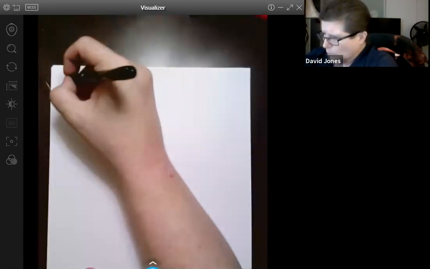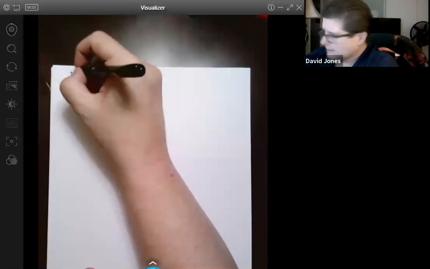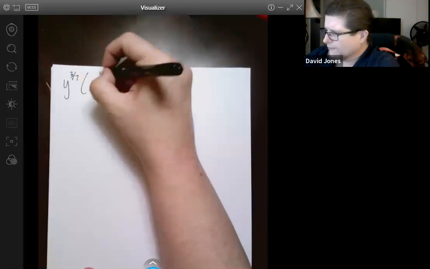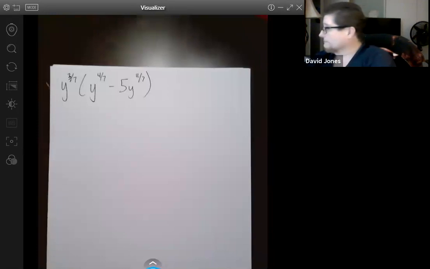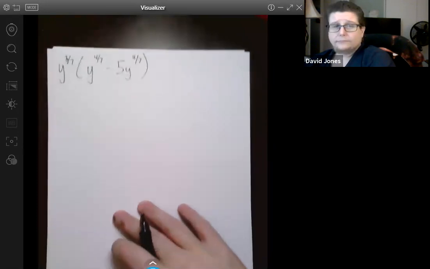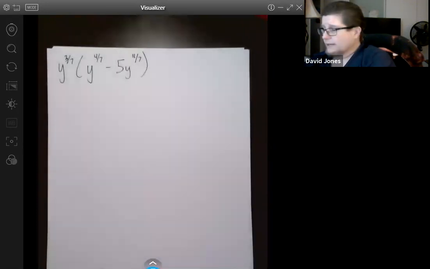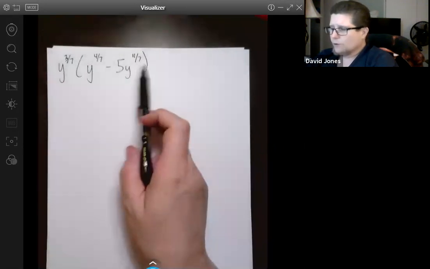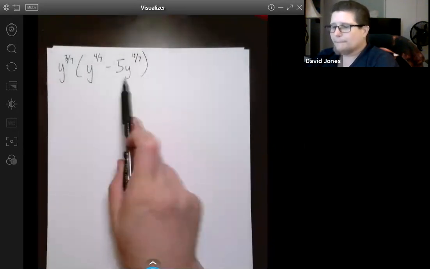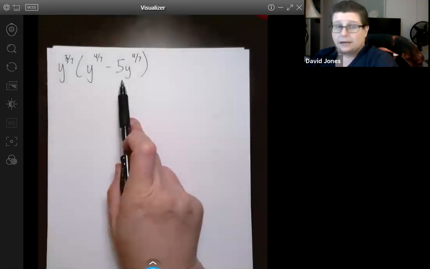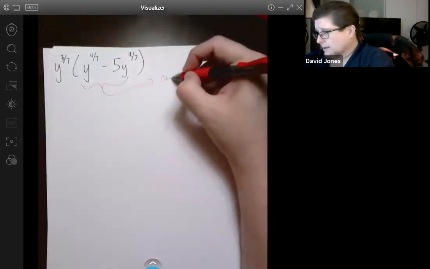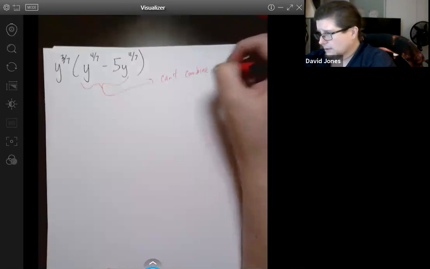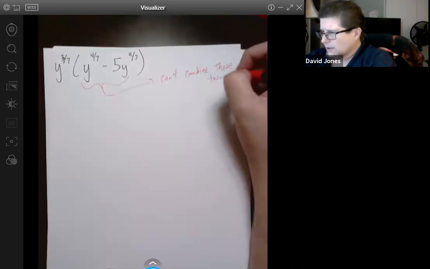Y to the 3/7, we're going to multiply that by y to the 4/7 minus 5y to the 11/7. Now, even though these exponents have the same denominator, we're not multiplying these things, so we cannot combine these. So can't combine these two. Let's distribute.